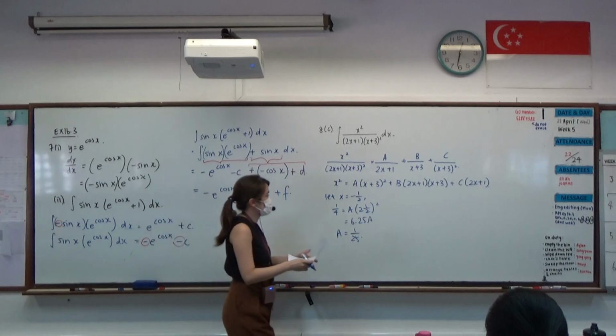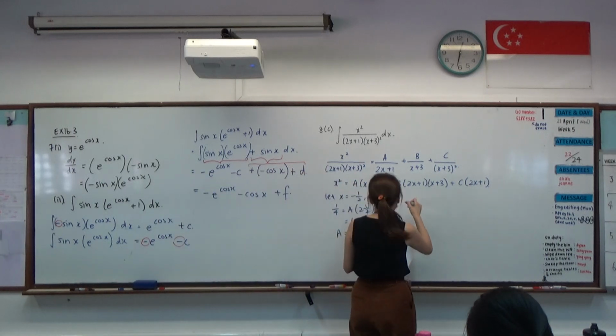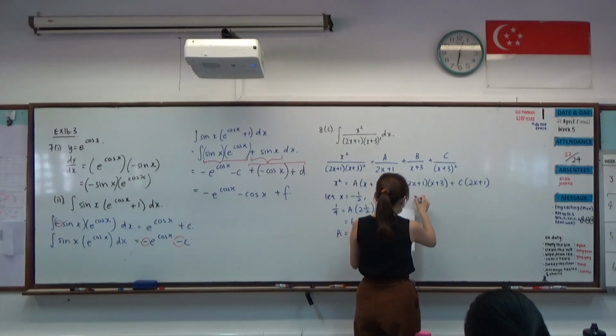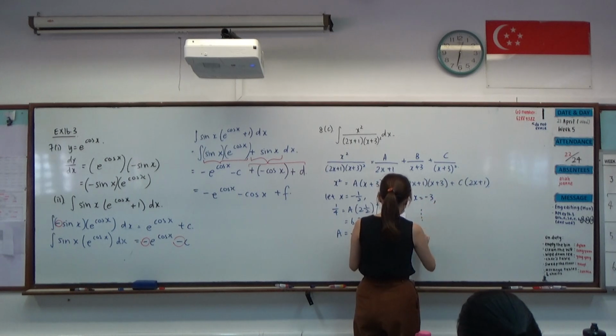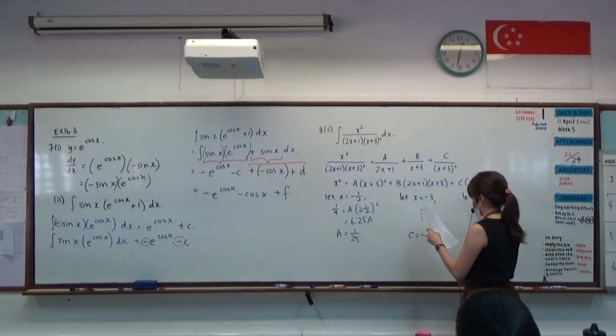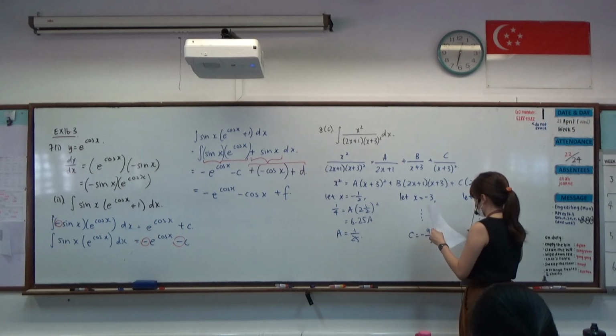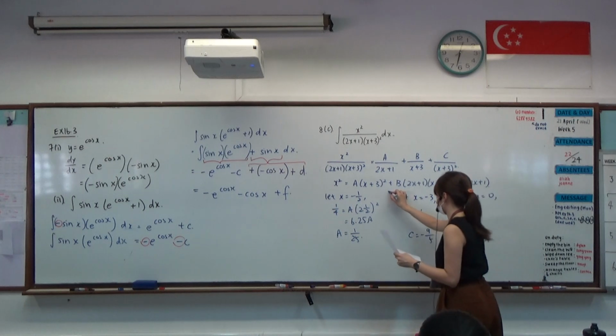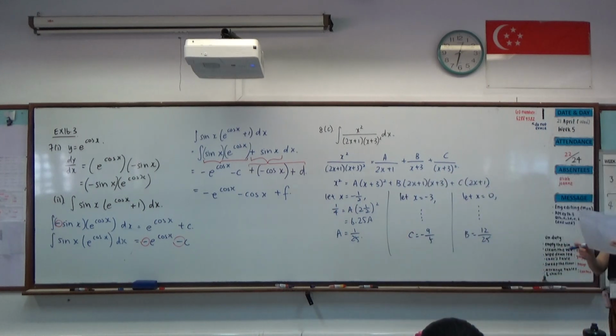So A is equals to 1 over 25. I'll leave the working to you. C is negative 9 over 5. B is equals to 12 over 25.